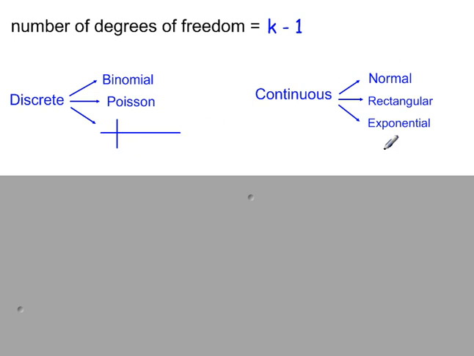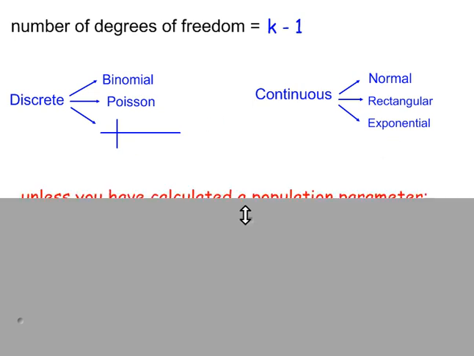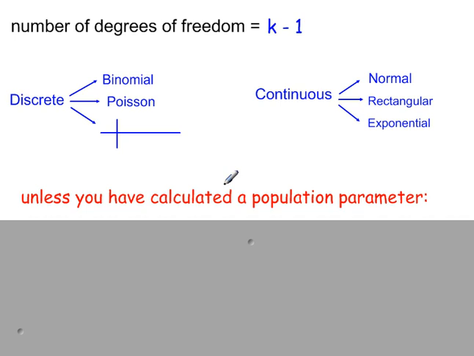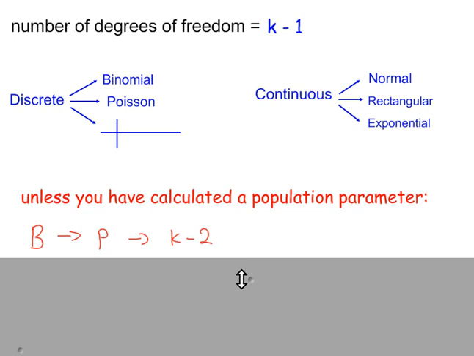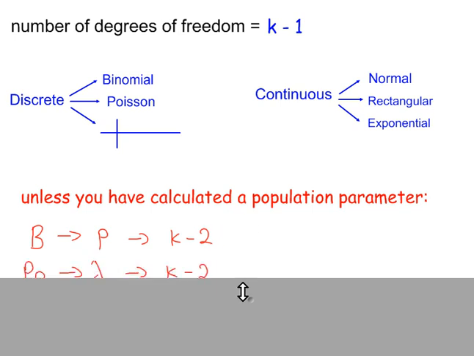And it's k minus 1 for all of these, unless you have calculated a population parameter as a part of your working out. So for example, if you're working with a binomial distribution and you've done a calculation for the value of p, so let's say p is 0.7 in a question, and you've shown it's 0.7 by actually calculating that value, then you do k minus 2 degrees of freedom in your hypothesis test.